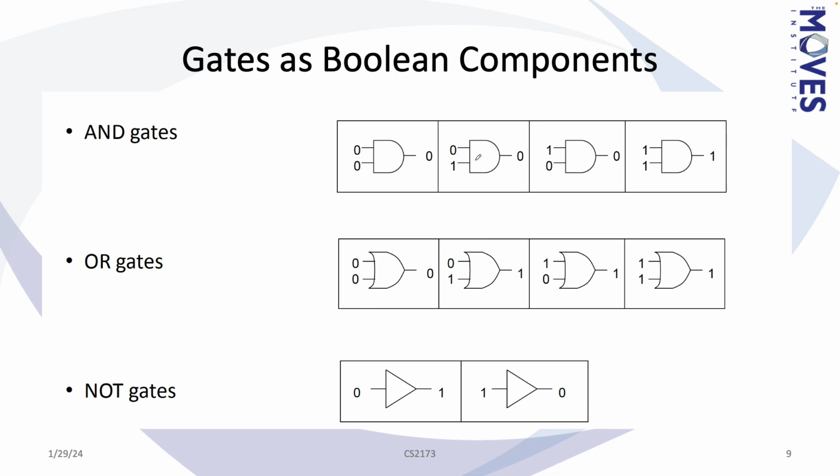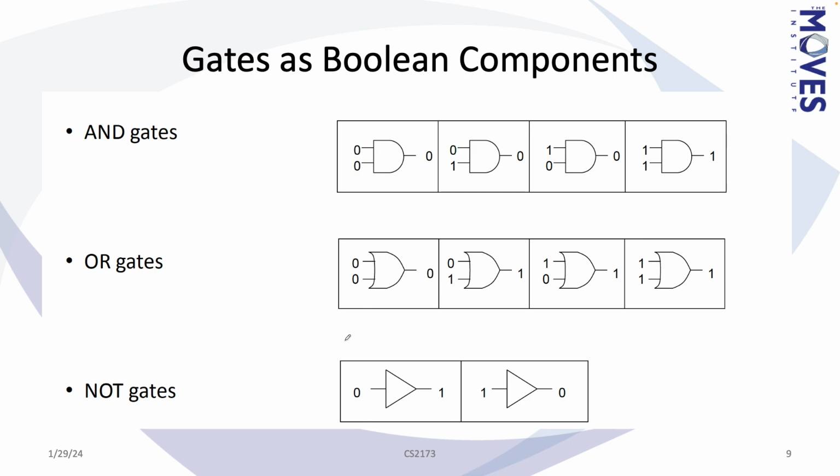A 0 and 1 gives 0, a 1 and 0 is 0, and 1 and 1 is 1. The OR gate gives you 0 if they're both zeros, but a 1 if at least one of them is 1. And the NOT gate flips a 0 to 1, and a 1 to 0. So with these binary values, it's operating in a similar manner.